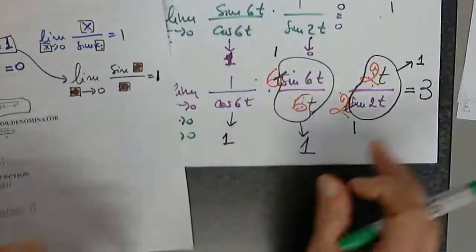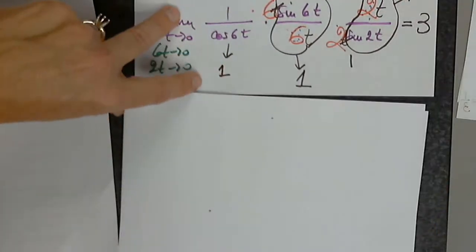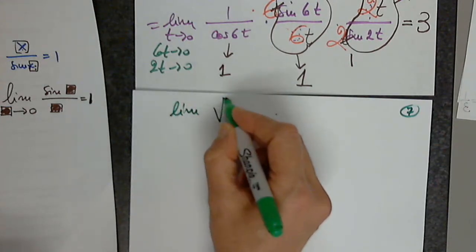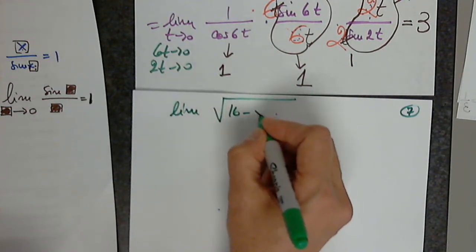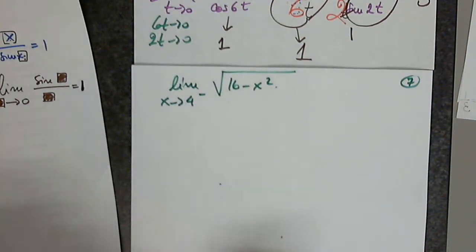Okay, so then we have the limit of the square root of 16 minus x squared as x approaches 4 from the left. So the question will ask you to find the domain of this function first, and then find the limit. So what do I have to write in order to find the domain of this function?